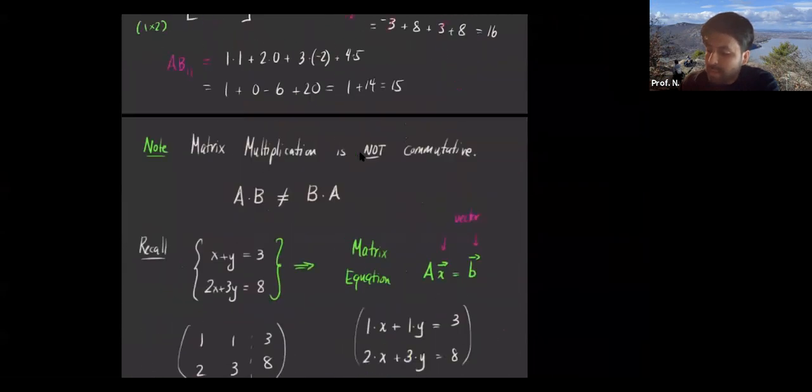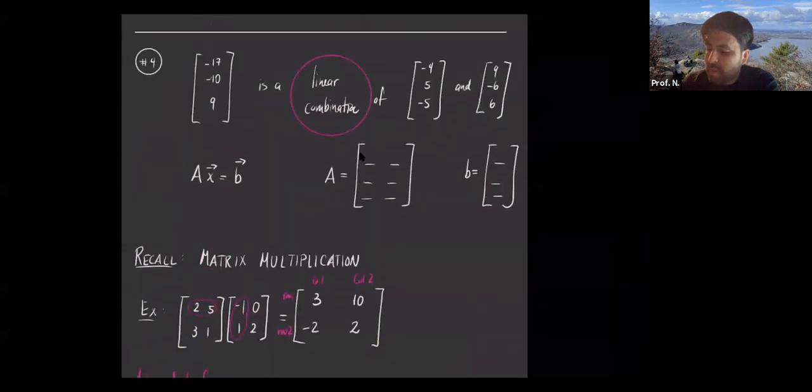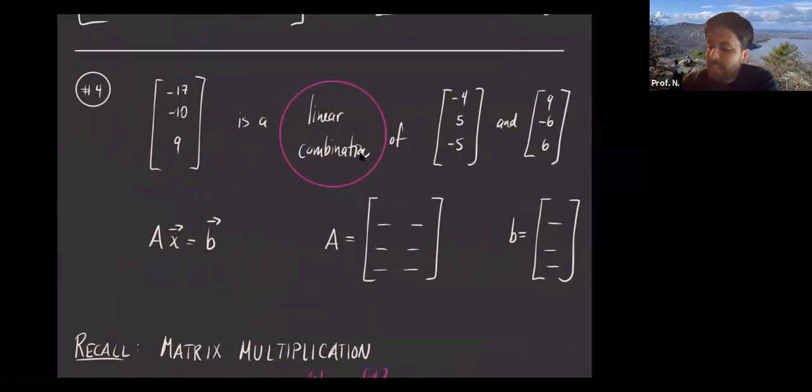So going back to number 4, which is the problem that really sparked this whole matrix multiplication thing. They're asking you, what is the linear combination of AB. So actually, this is pretty much done, isn't it? What would I have to fill in for this?